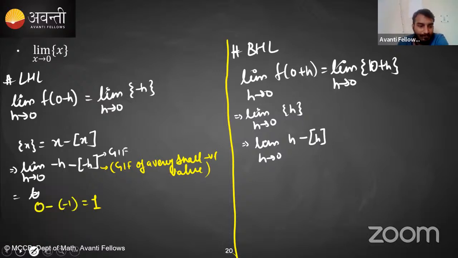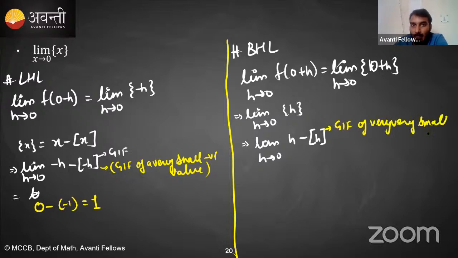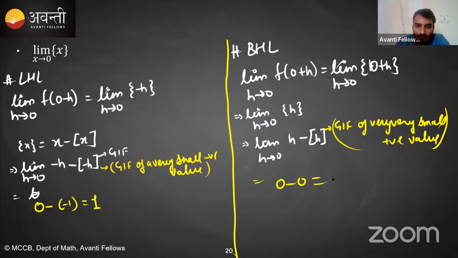So what is this? This is the greatest integer function of a very, very small positive value, right? Which is, let's say, box of 0.00001, which is 0 only. And this is 0. So 0 minus 0, which is 0. Is this clear?